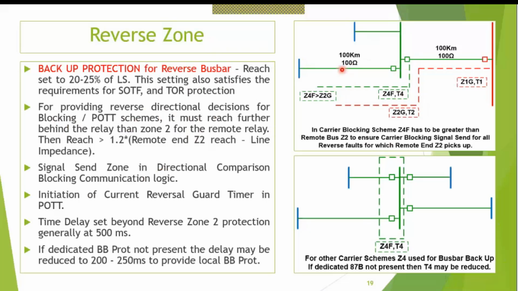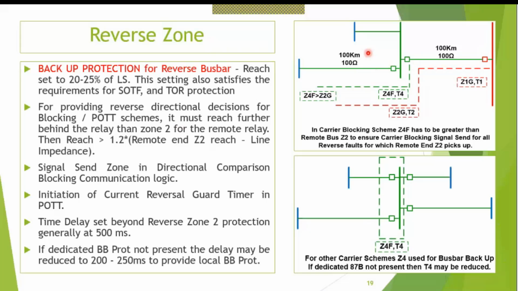I have a fault in the reverse direction which is within zone 2 of this line. If I don't send carrier via this relay, this zone 2 is going to trip instantaneously. So I need my zone 4, which is the carrier sending zone, to reach more than the zone 2 of this remote end, so that the carrier send takes place properly.